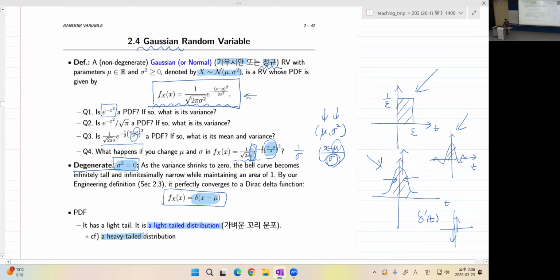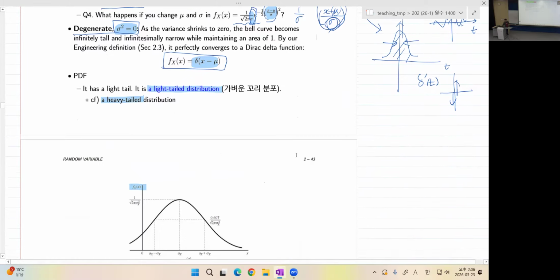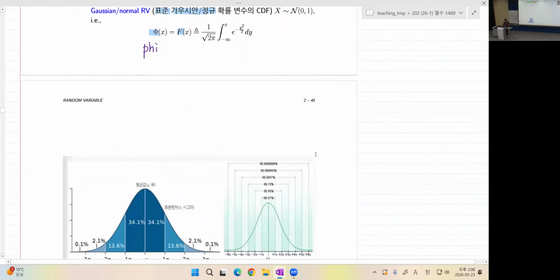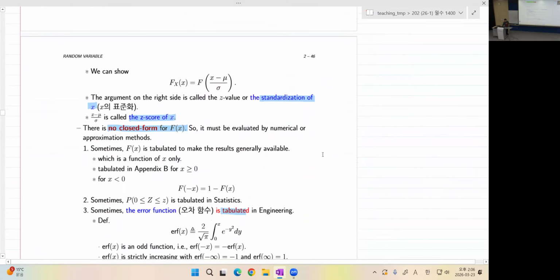By the way, this x minus mu divided by sigma is so important, and that is used for standardization. And as I mentioned already, the Gaussian family can be represented by a single president. What is that? Standard normal. Zero mean unit variance Gaussian can represent all the Gaussian density functions. How?